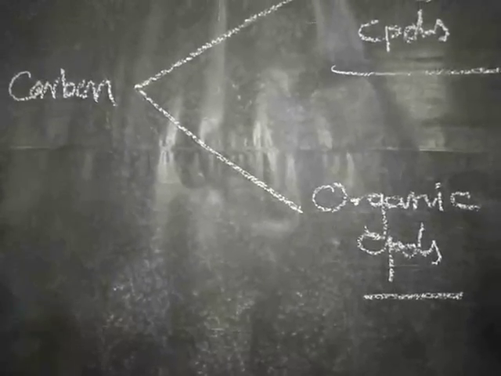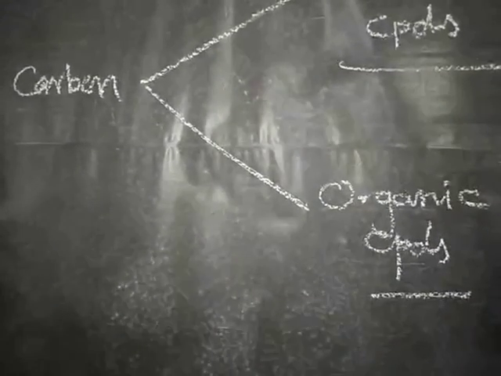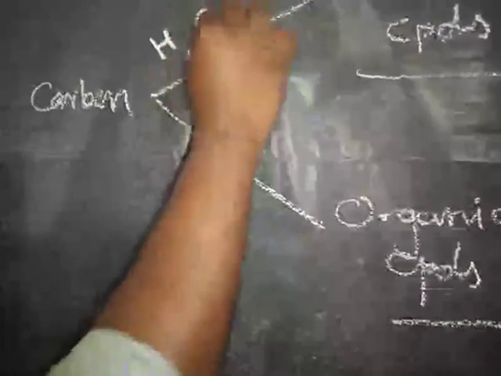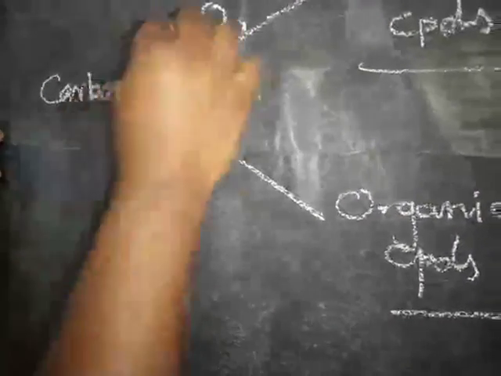First we will see the organic compounds. Carbon combined with hydrogen, oxygen, nitrogen and sulfur makes organic compounds. First we will see organic compounds, next we will see inorganic compounds.